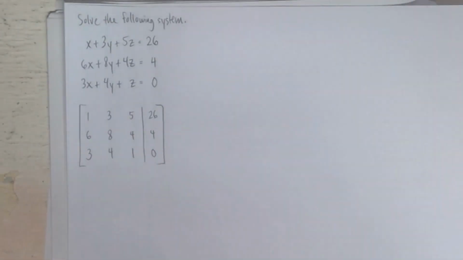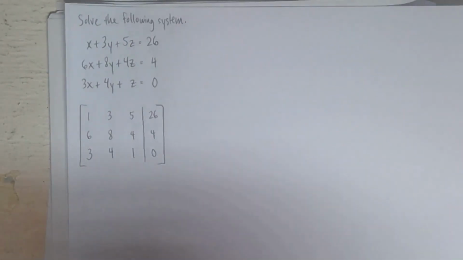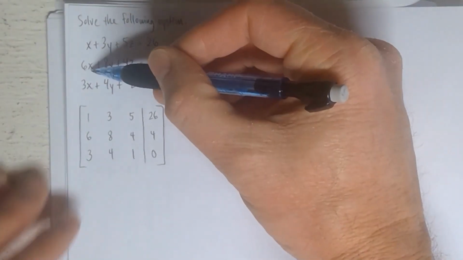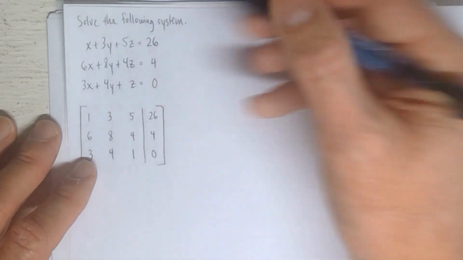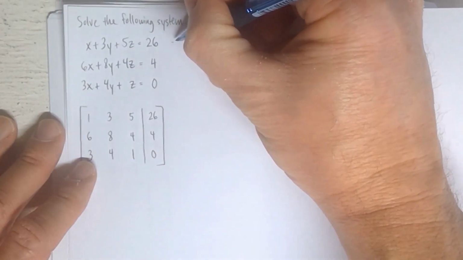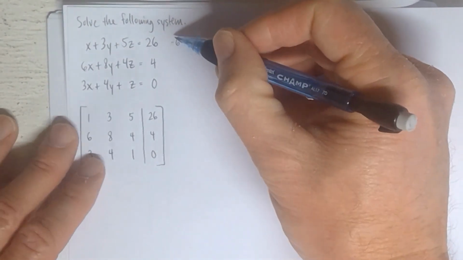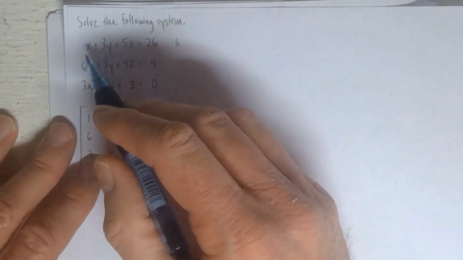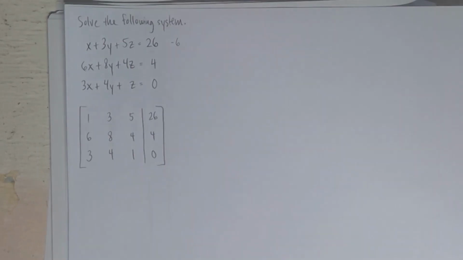But in the same theme of what we did in the last section, how did we get the x's to cancel when we have x and 6x? What we did was we multiplied the first row by -6, didn't we? Because then that would make this -6x and +6x, and then it would cancel when we added the equations together.